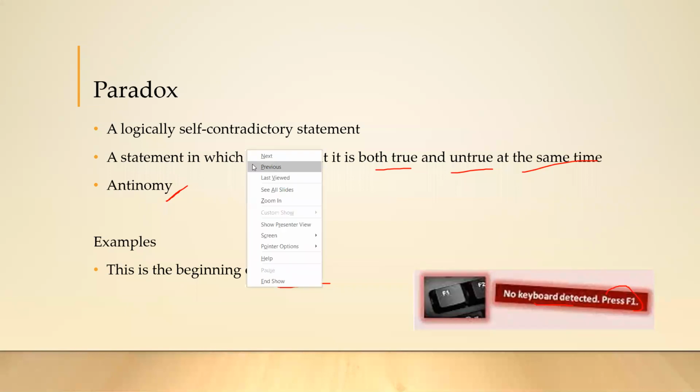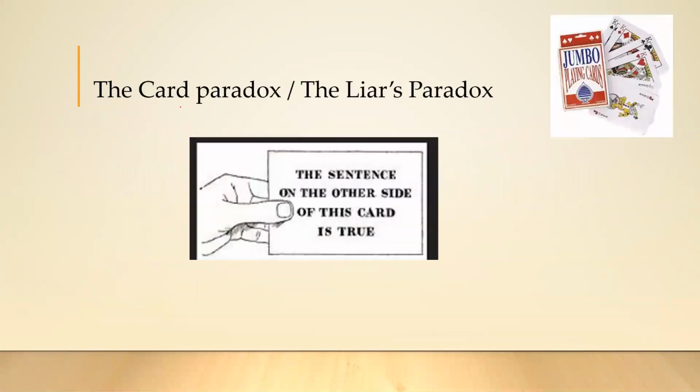Now, we will see a few very interesting paradoxes. There is a paradox called the card paradox. You can think of it as a normal playing card. On one side of the card, you will have a writing like this: "The sentence on the other side of this card is true."